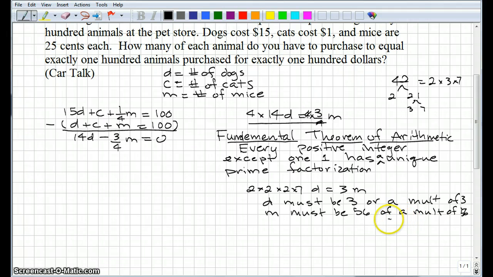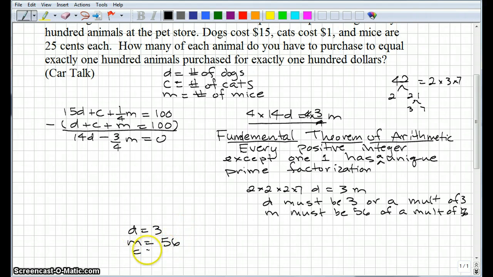And we don't want to do that because if m is over 100, then the number of cats would have to be negative, and cats don't like to be negative, so we won't do that to them. So now basically we know that d has to be 3, m has to be 56, and there have to be 100 animals.